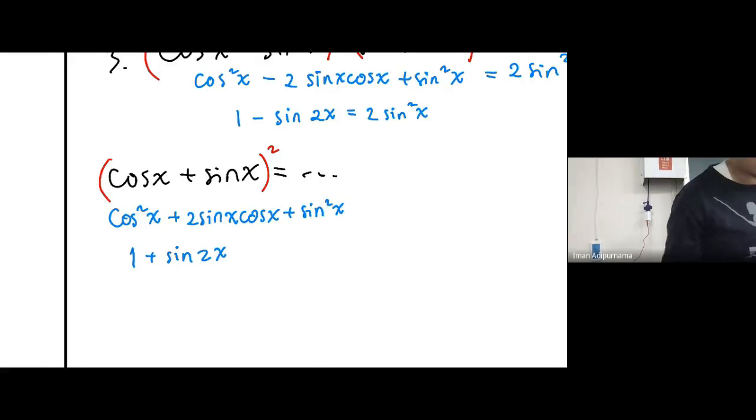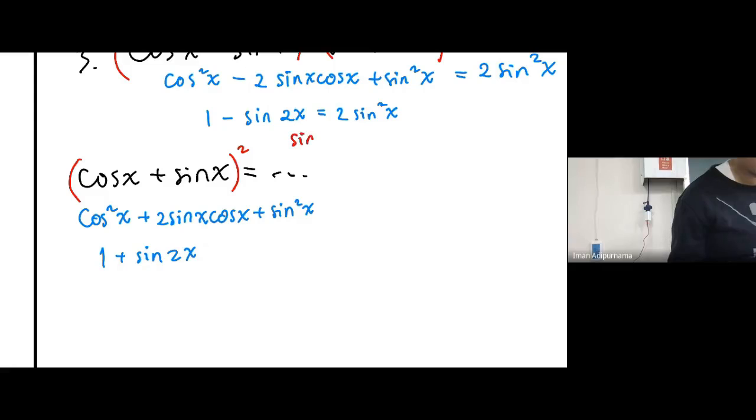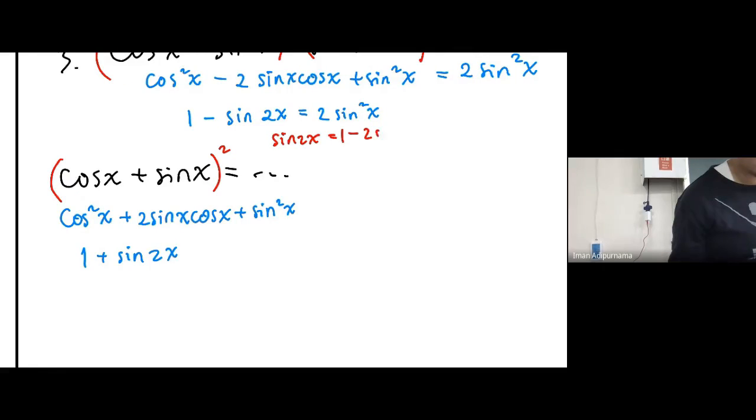Let me write the sine 2x from here: sine 2x is 1 minus 2 sine squared x. Some of you said, oh, this is cos 2x, but why do you need to change that? Just leave it as 1 minus 2 sine squared x and move this to here.